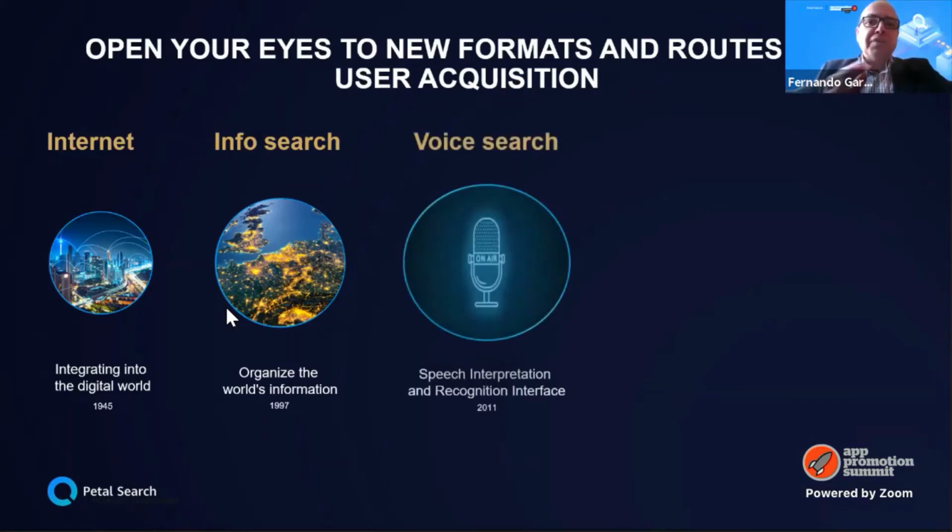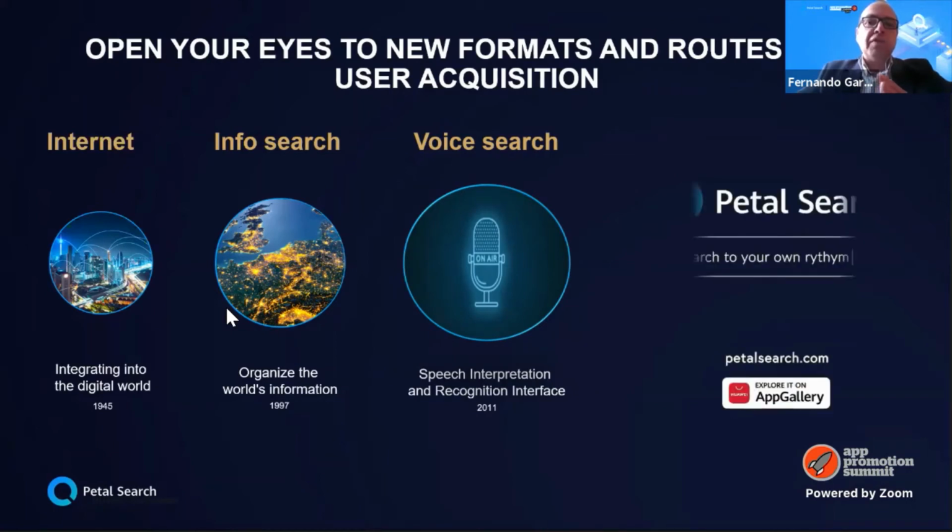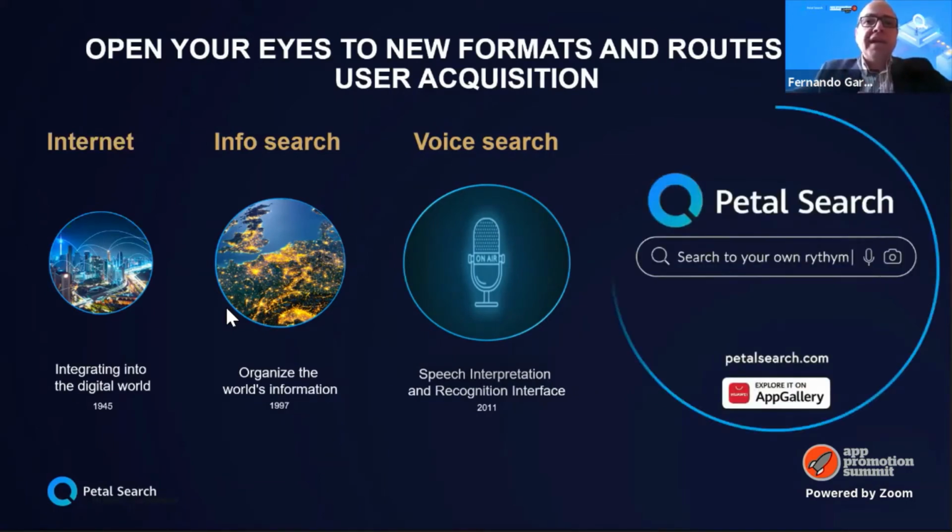And then later on, we came to the voice assistant almost 10 years ago. But right now, we are in the moment of a completely connected world. Connectivity has expanded, reaching all kinds of devices, and our smartphones are becoming almost the most powerful computers in the palm of our hands. We think it's time for a new evolution of search engines. So welcome to Petal Search.